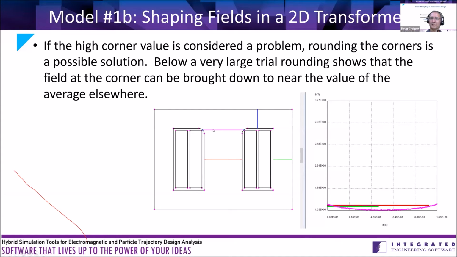So it's done the job of bringing those down, saying that I'm never exceeding some undesirable value, and the low values in the middle are just kind of inherent. Again, if you really wanted to, you could play around with steel in here and so on to try to shape things.